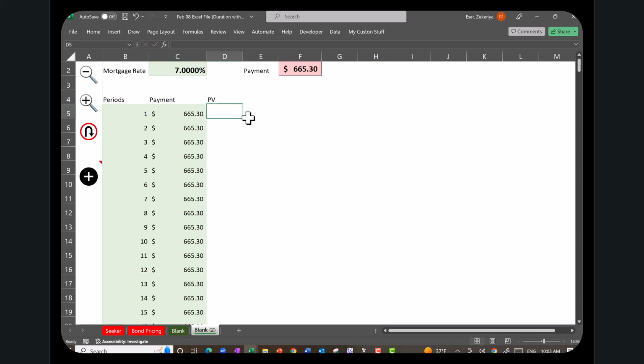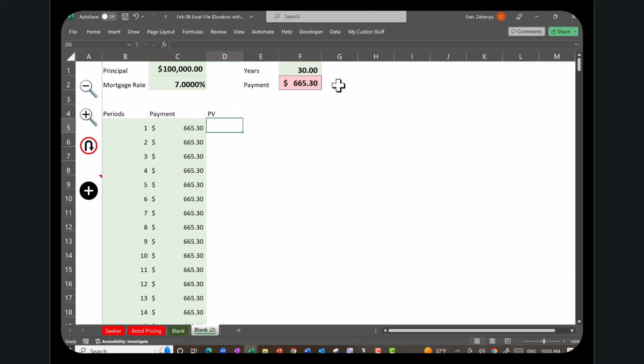Present value of these payments, and let me calculate period rate. Take the mortgage rate divided by 12.